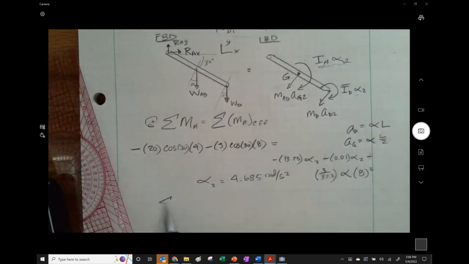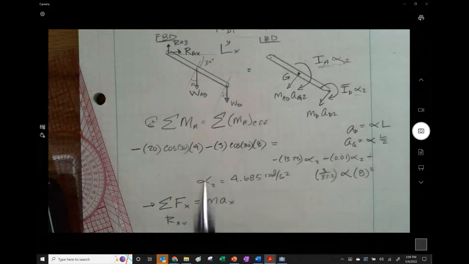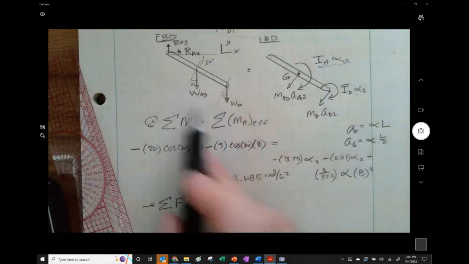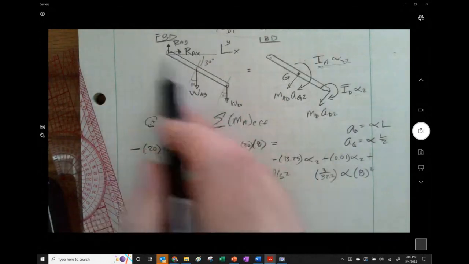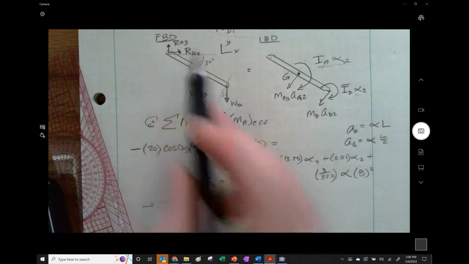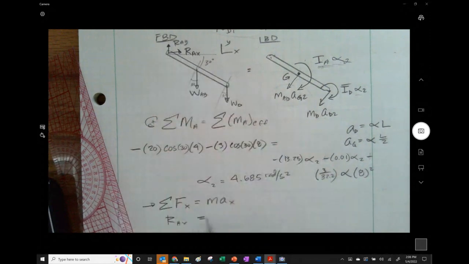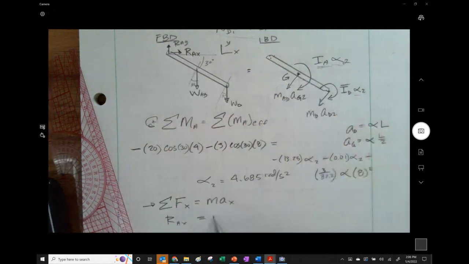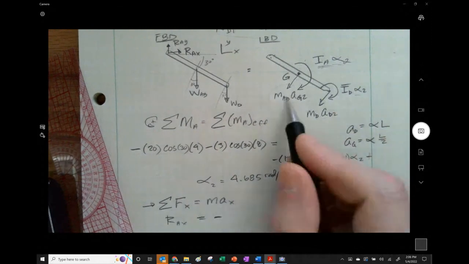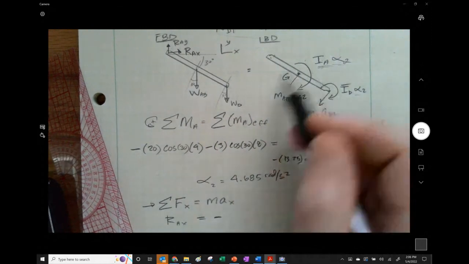Now I want to have the sum of the forces in the x direction equals mass times acceleration in the x direction. So now we do bring in our RAX, and you'll see that there's nobody here in the x direction except for him. But over here we have a negative, and this is the reason why I drew this on here.